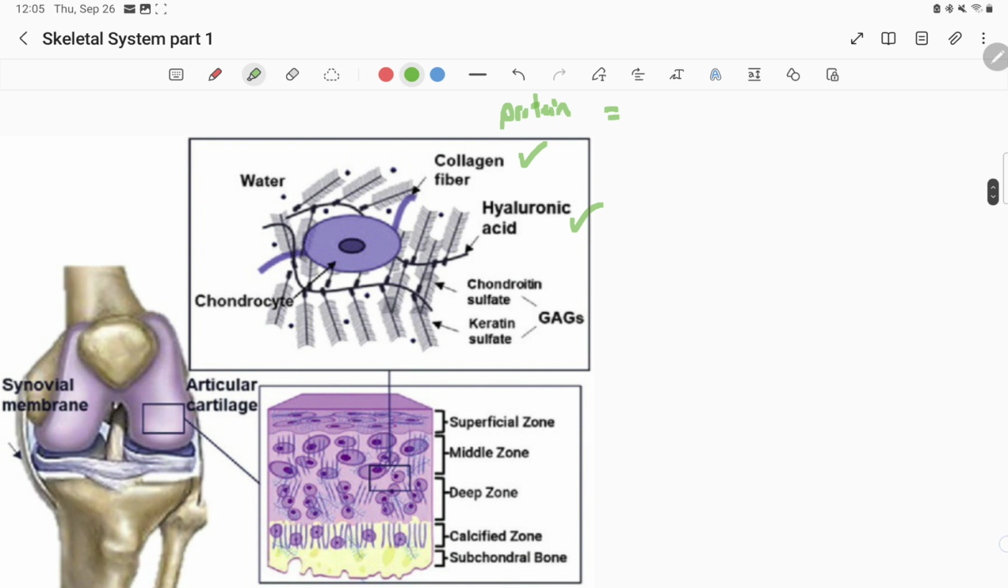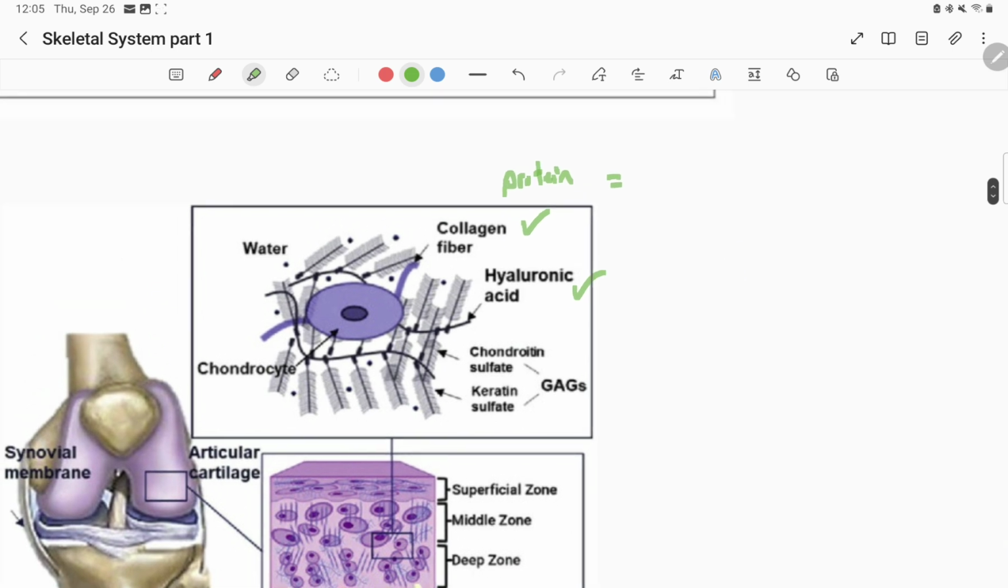As a recommendation, you would want to take a collagen supplement. And so it's kind of like a protein powder. So you just simply put a scoop into your water and have it for the day.